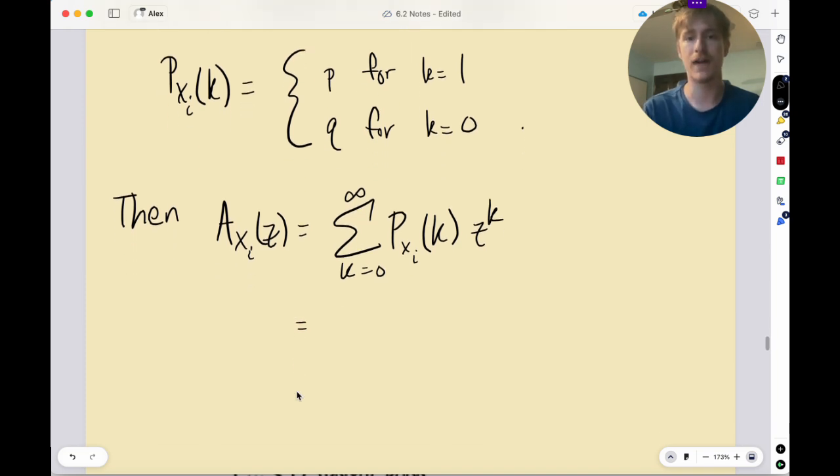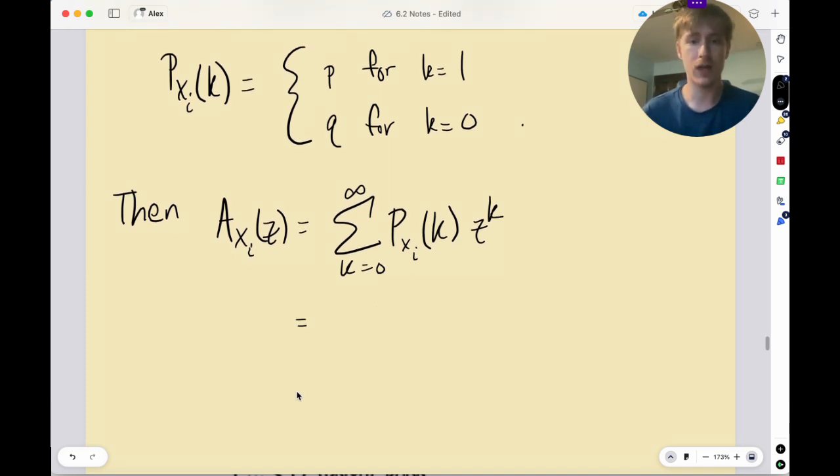So I'm going to go ahead and just evaluate that for you. First off, we're going to have p if k is equal to 1 and q if k is equal to 0. So we're going to have q z to the 0 plus p z to the 1. Okay, which evaluates to q plus pz.